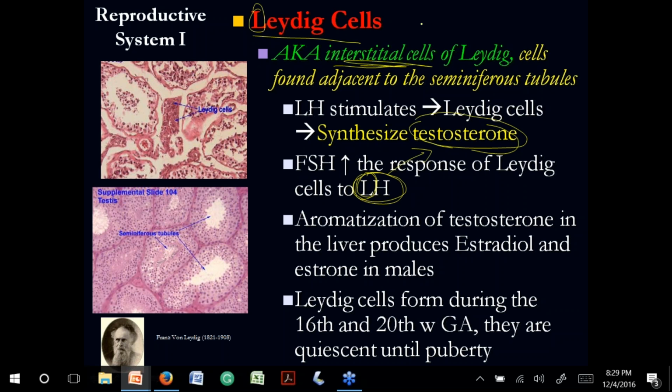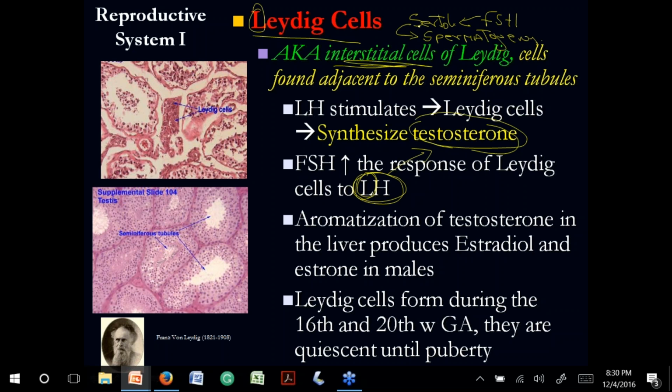Testosterone. Meantime, we were talking about the Sertoli cells. Sertoli cells are stimulated by the FSH, and what the FSH does on the Sertoli cells is promote spermatogenesis. So we have only two cells, the Sertoli and the Leydig cells.